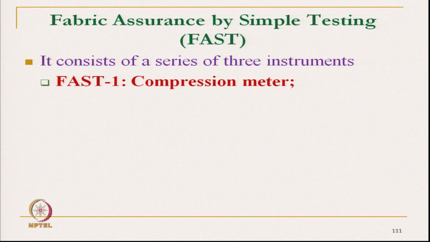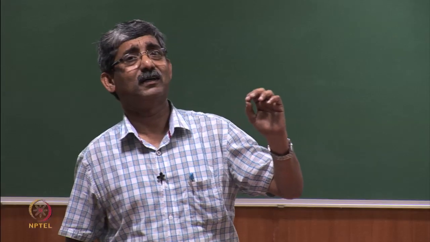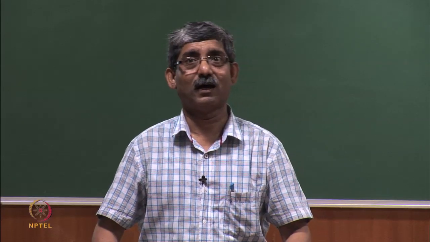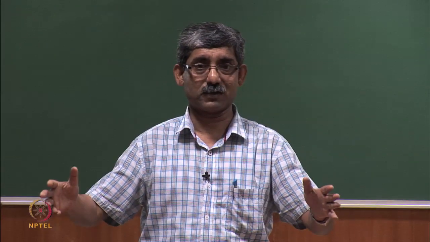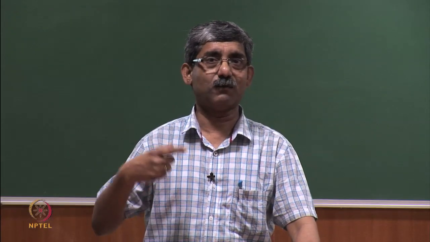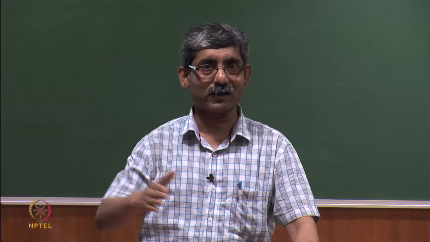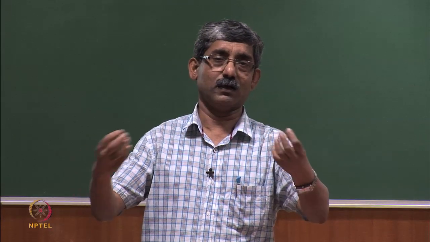This total FAST system consists of 3 test instruments. One is the compression meter, a simple compression tester, not like the Kawabata system. The KES-F system gives a total curve, it is a very complex system. It gives the total loading direction and unloading direction, continuous data.